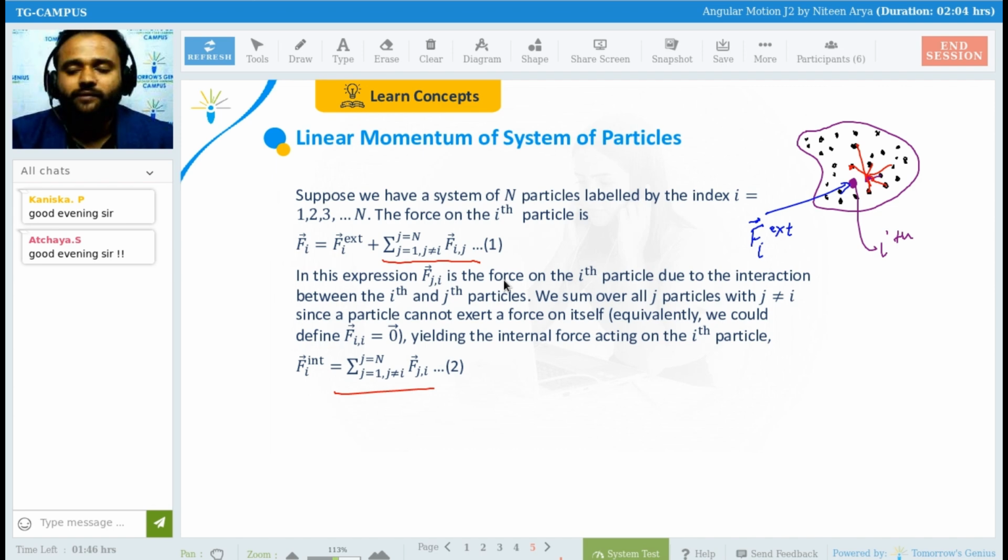The total force on the ith particle we can subdivide into two parts: the external force, which we deliberately apply, and the effect of this external force through the other particles. So this internal force is what we are going to discuss, and this is the system.